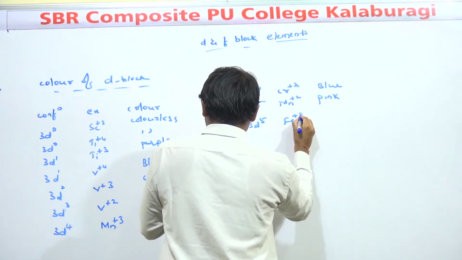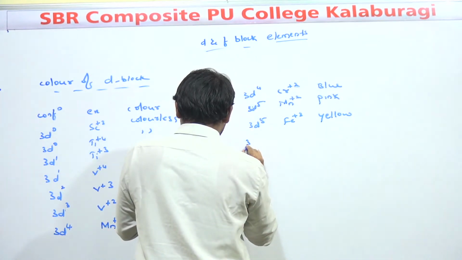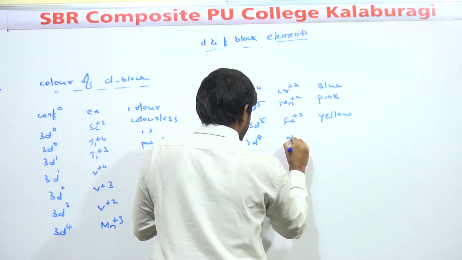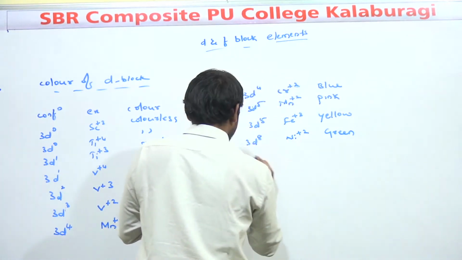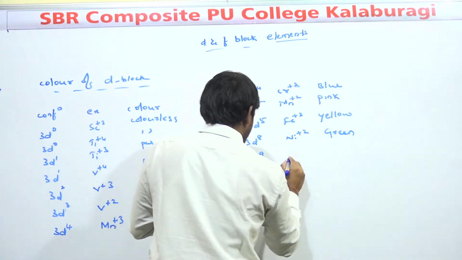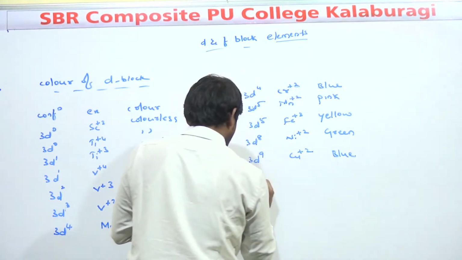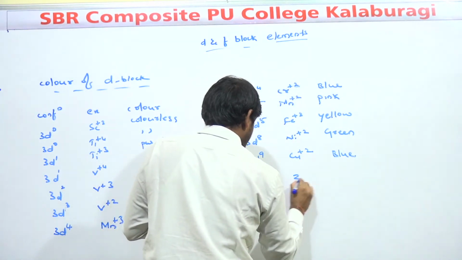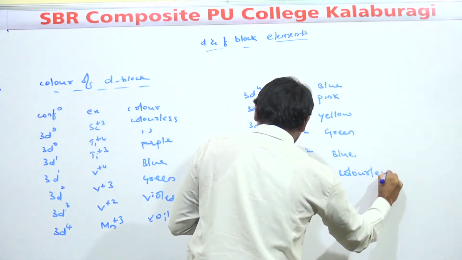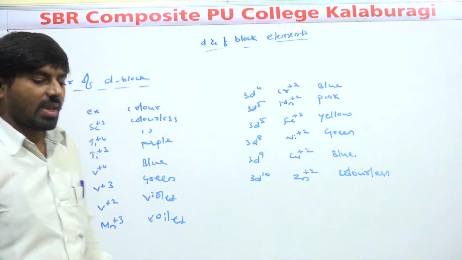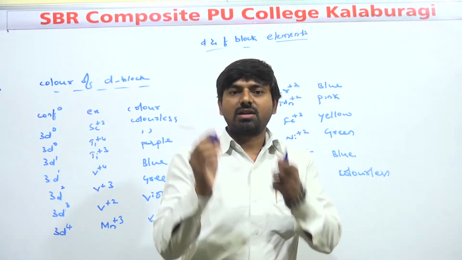Fe +3, yellow. 3D8 nickel in +2 state, green. 3D9 copper in +2 state, blue. 3D10 zinc in +2 state, colorless. Okay.